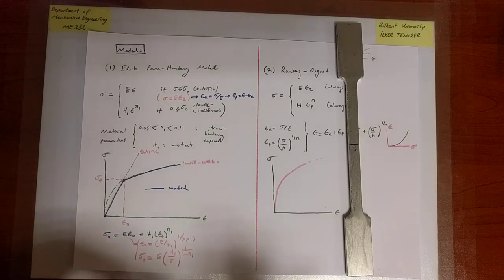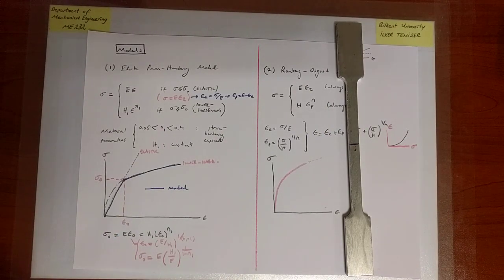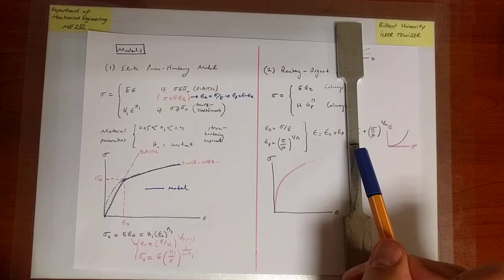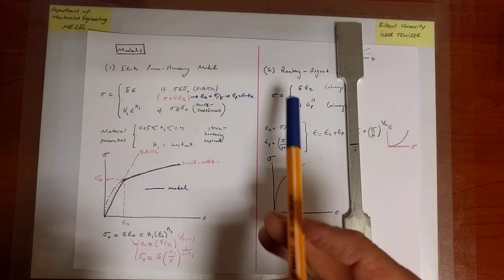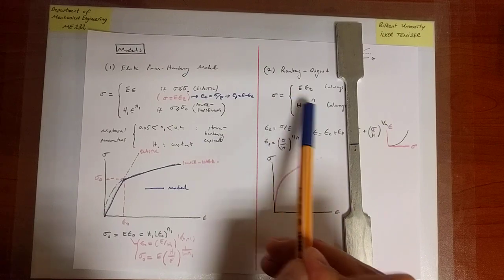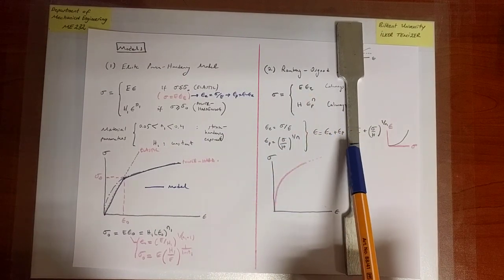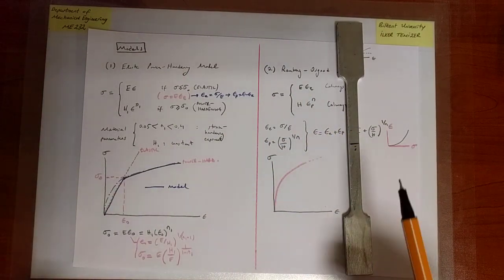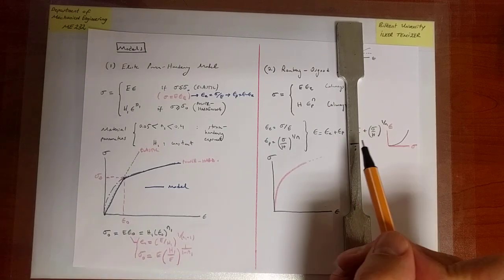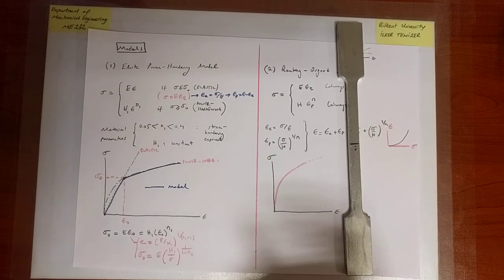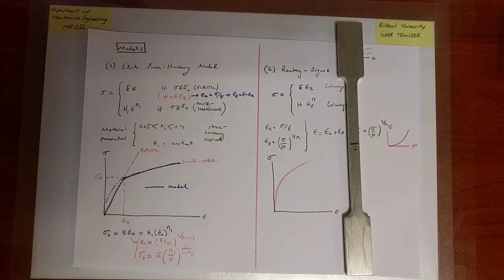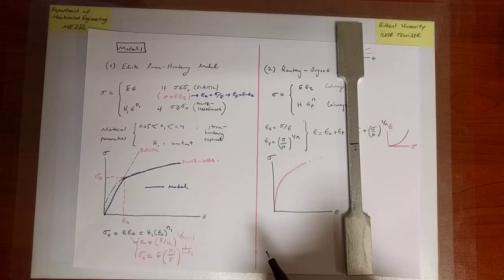So the idea is small imperfections will cause some plasticity even at small stresses, and that's reflected in the Ramberg-Osgood model, but appreciable plasticity is plasticity that occurs not only in the vicinity of concentrations, but in some way over the whole cross-section of the specimen.